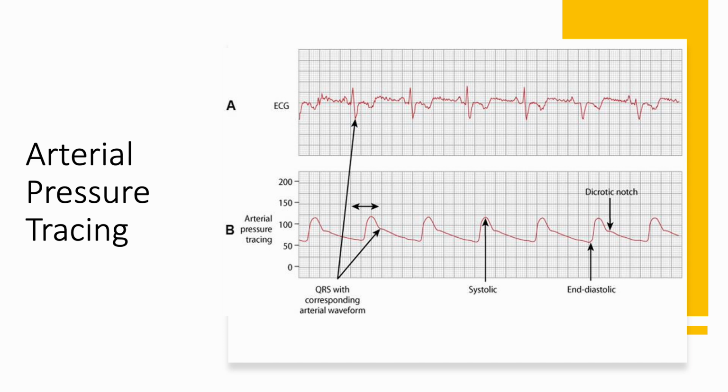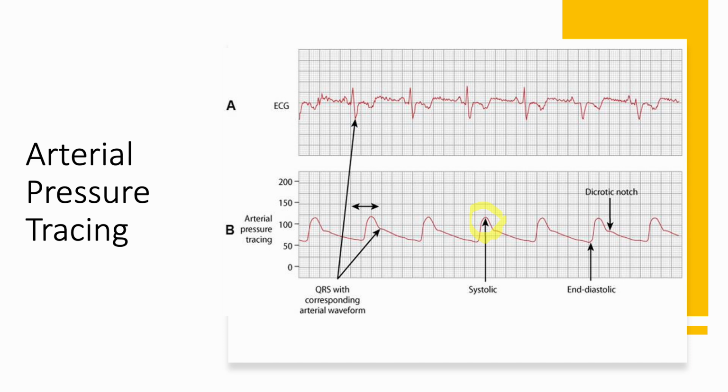Arterial pressure tracing is a good visual representation of blood pressure throughout the cardiac cycle. It's shown as a waveform on a monitor, and it has several key components. Here you'll see the systolic phase, which is the highest pressure in the artery when the heart contracts, as in systole, and pumps blood into the arteries.